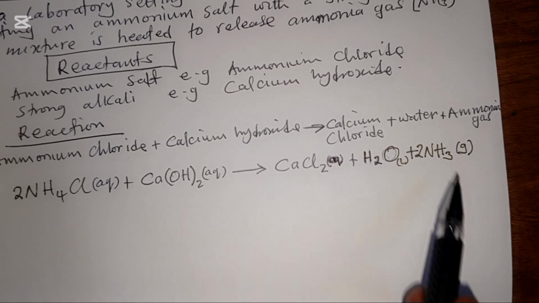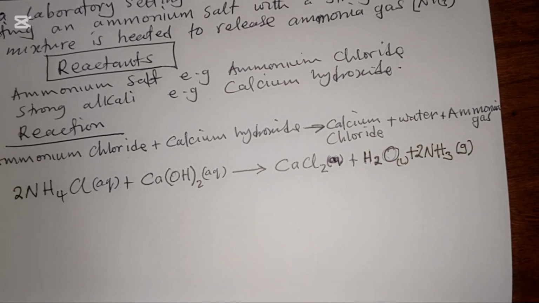Then ammonia gas is collected by downward displacement of air. The reason why it is collected by downward displacement of air is because ammonia is lighter than air and it is highly soluble in water. So we cannot use water to collect ammonia gas because ammonia is highly soluble in water. So that is point number 2.